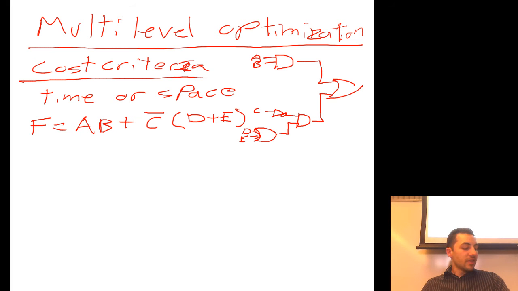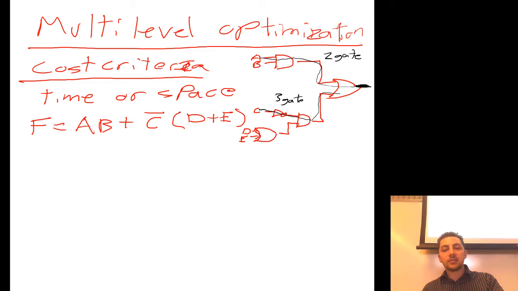So when we look at the delay, we look for the longest delay path. Basically, how many gates can I go through from output to one of these inputs? So if I follow the top branch, that's a gate delay of 2 gates. If I follow it through this way, that's a delay of 3 gates.